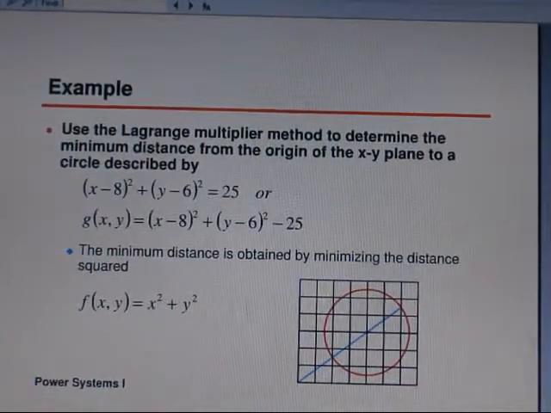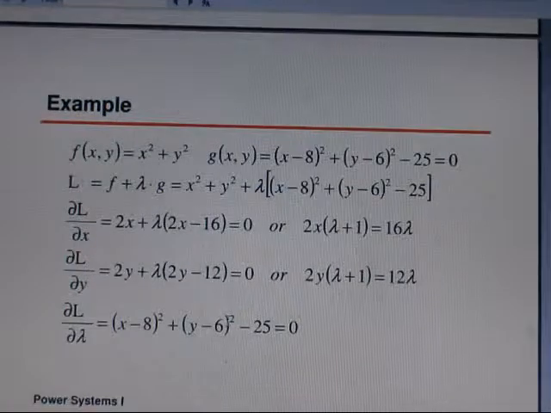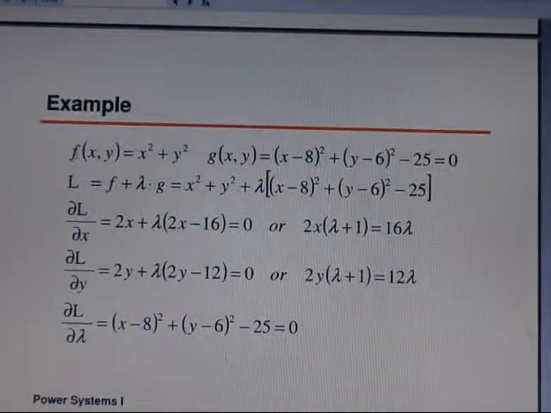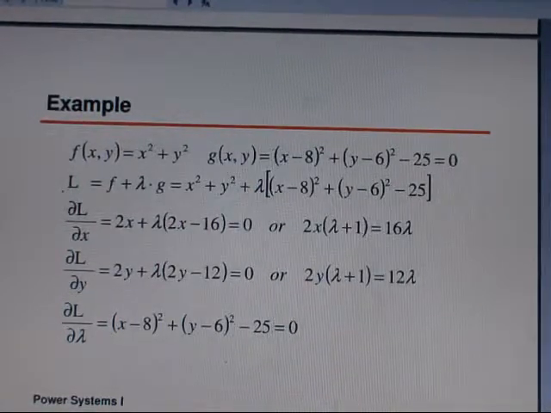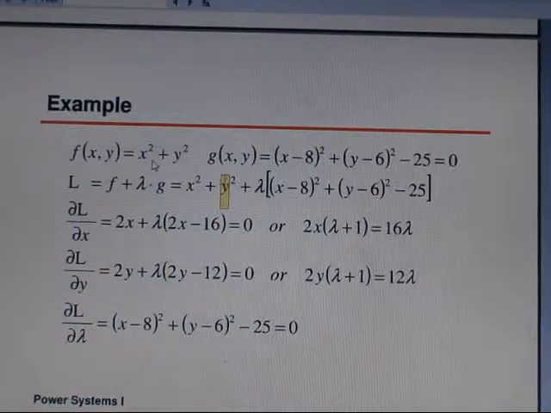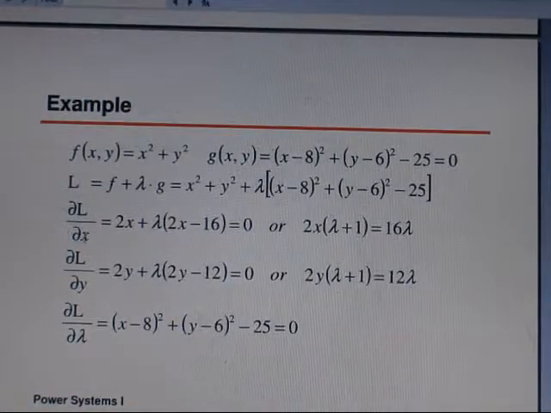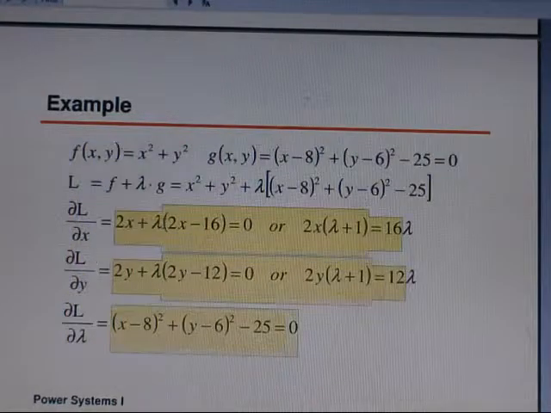So therefore, we write down the Lagrange function: f(x,y) equals x square plus y square. In this case, we write down the g(x,y) equation. So the Lagrange function is f plus lambda times g, equal to x square plus y square, which is the f equation, plus lambda times ((x minus a) square plus (y minus 6) square minus 25). So we have to get the del by del x, and we got this equation.